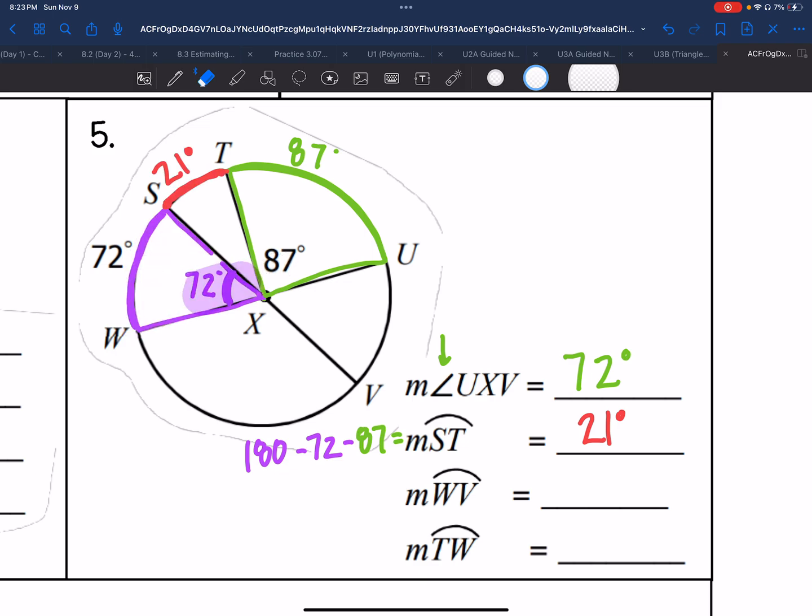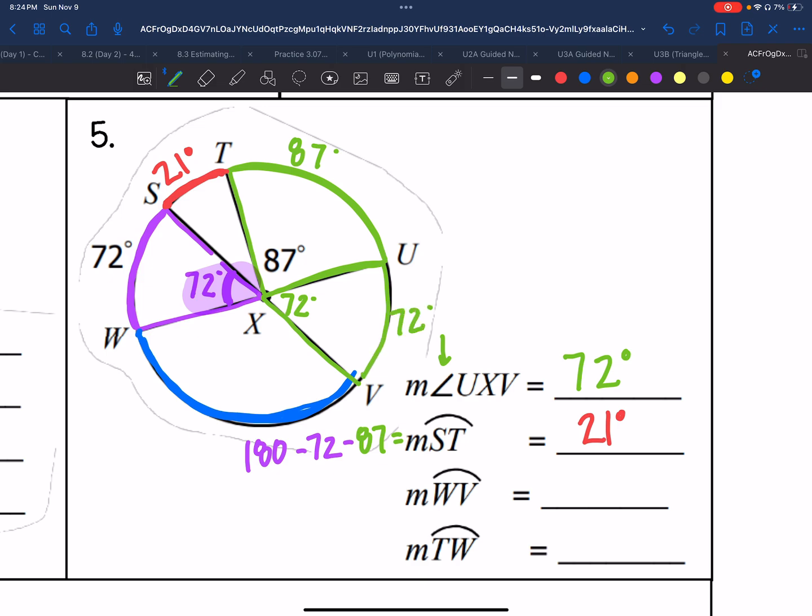Okay, next we want to find WV. So I'm looking at WV here. And again, we have a lot of different ways that we can look at this particular blue portion of our circle. Remember, going back to the beginning, we said this was 72 degrees. Remember, because this is a central angle, it is congruent to the arc, so this is also 72 degrees.